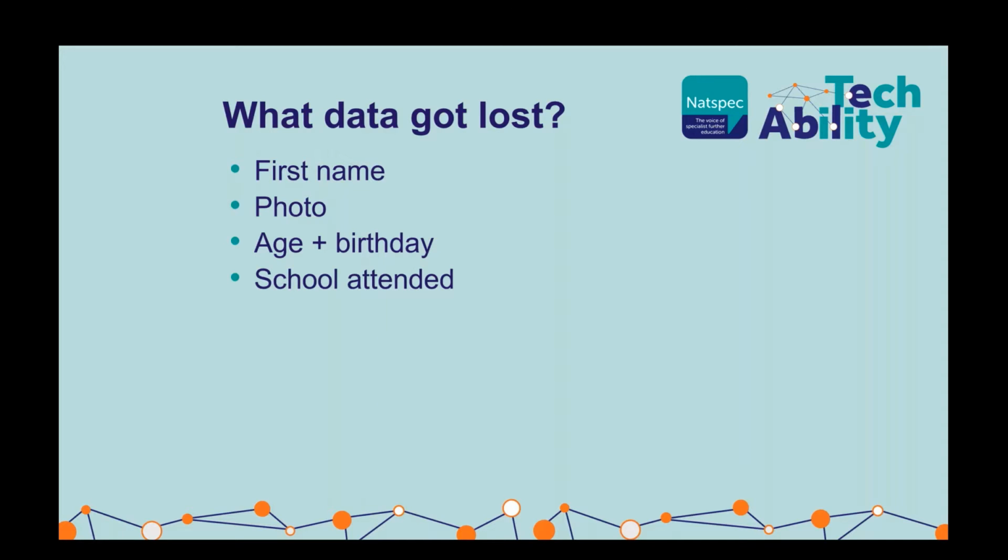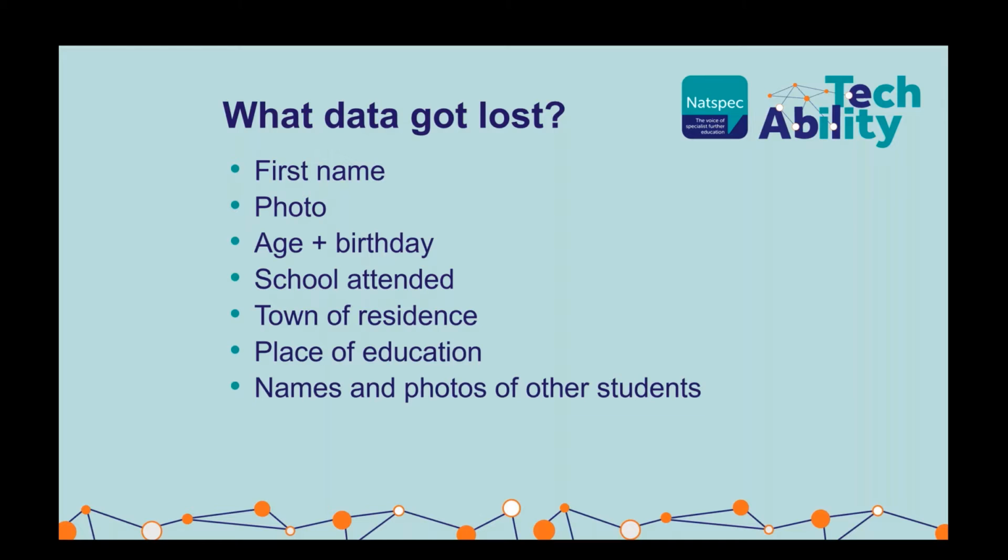And it had the school that he attended before he went to college, the town of residence. It had his current place of education on there. It had names and photos of other students at his current college on there, names and photos of staff on there.